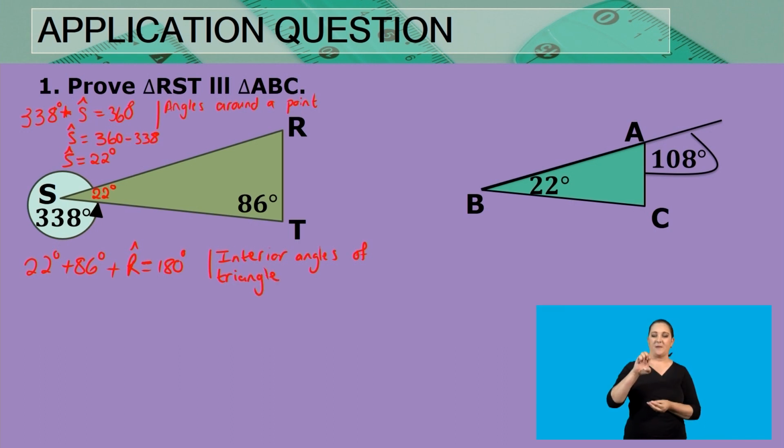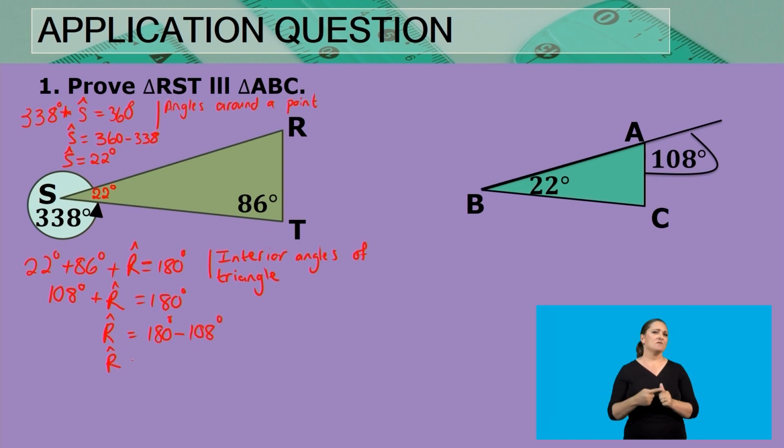So 22 plus 86 gives us 108 degrees, plus angle R equals 180 degrees.